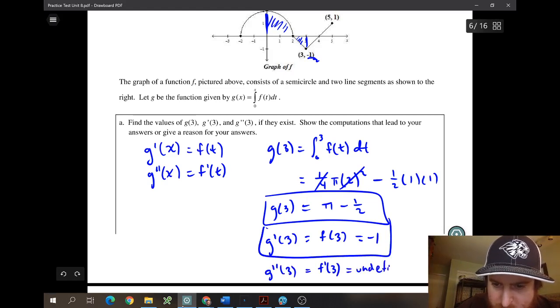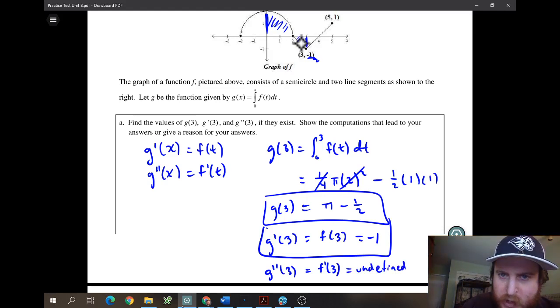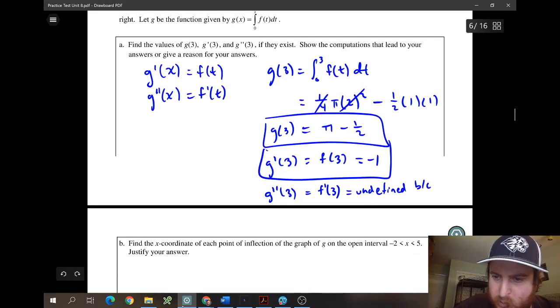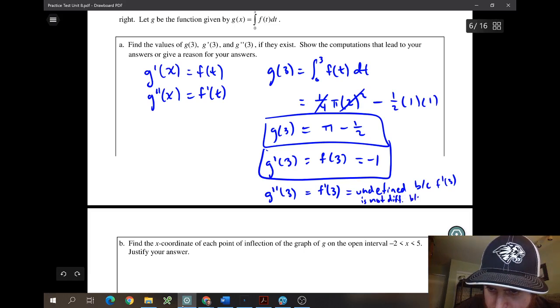Okay. So we need to give a reason if we say undefined, right? Why is it undefined? Well, the slope at 3 makes a corner. So undefined because f prime of 3 is not differentiable because the graph of f has a corner at x equals 3.